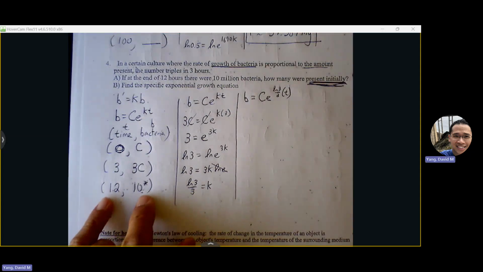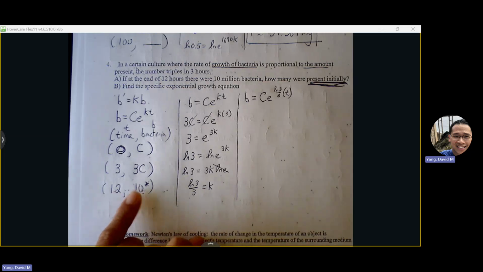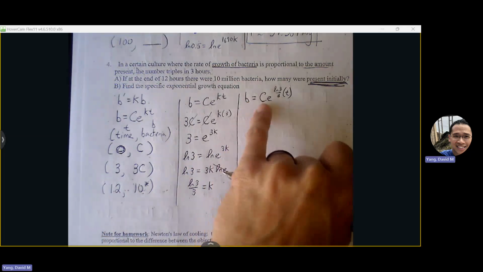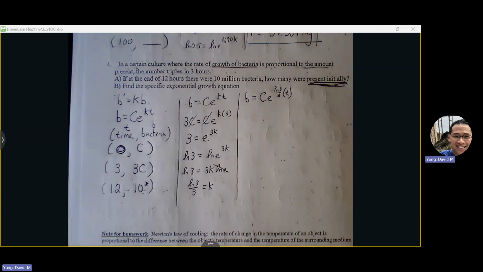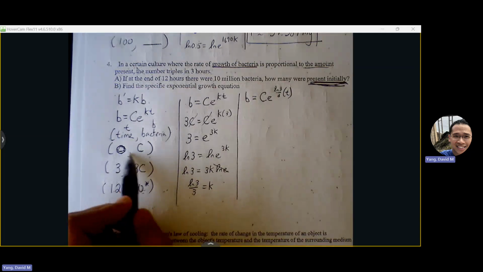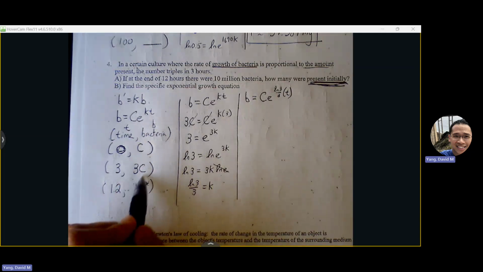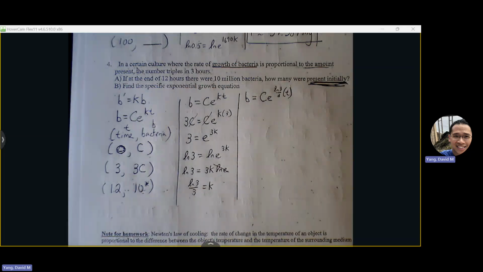Now we should be able to solve for C, 12 in for time, 10 in for B, and then we should be able to make our way to solve for C, and that will tell us how much bacteria there is to begin with, given these other ordered pairs.